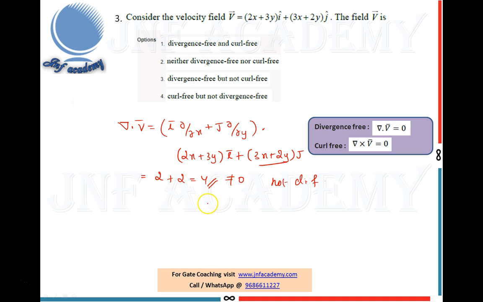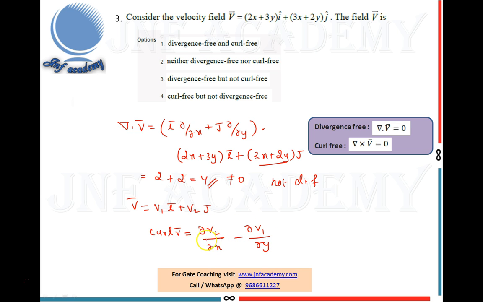In two dimensions, if a vector field is given by V = v1 i + v2 j, where v1 and v2 are functions of x and y, then the rotation is given by the formula: ∂v2/∂x − ∂v1/∂y.